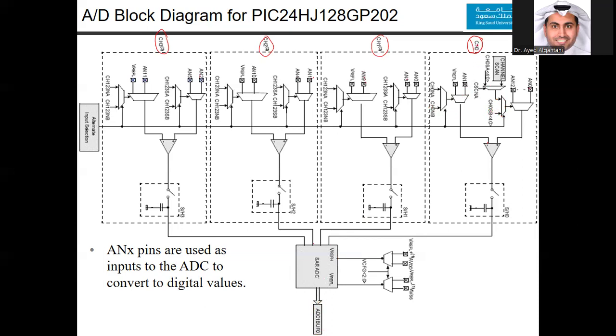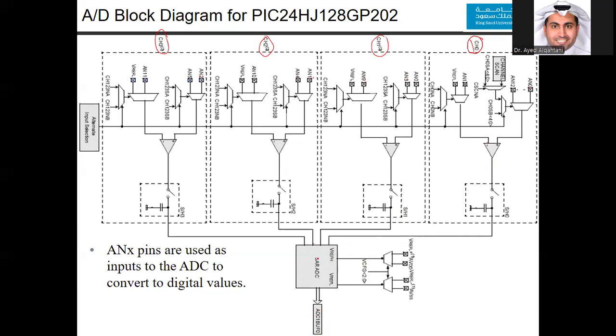Choose, for example, 10 bits, single channel, that's channel 0. Choose some of the fields that make the sampling and holding appropriate for your application. And once you're done with the special function registers, the digitizing happens, and you have the value right there. You don't calculate anything. You don't plug any equations in the code. That's the idea of this.